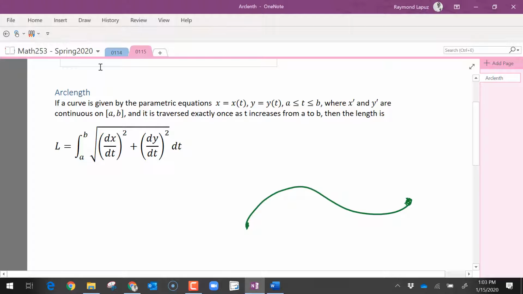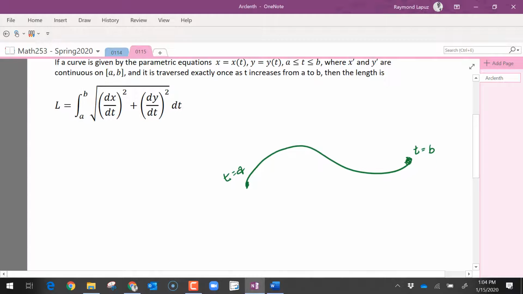And you have t equals a, some starting point, and t equals b, some ending point. So from a to b, t values a to b, you got x and y values. And so we would partition our t-axis if we had a t-axis.